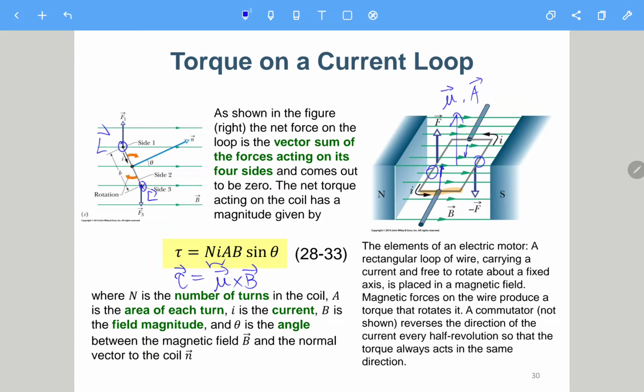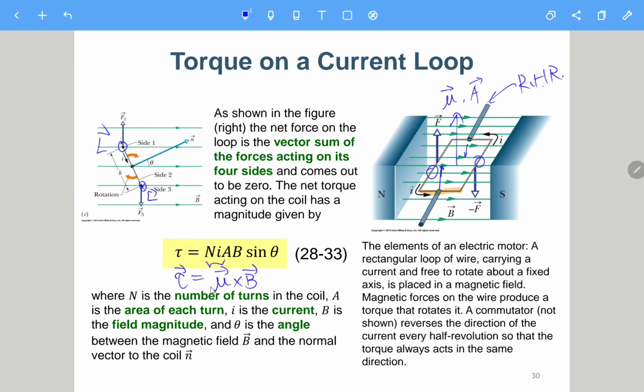You can use your fingers to follow the direction, and then your thumb is pointing this way. So you can still use the right hand rule to determine the direction of this magnetic dipole moment or area vector.